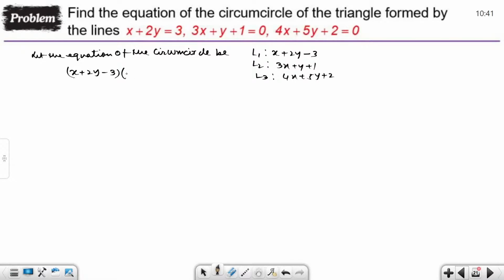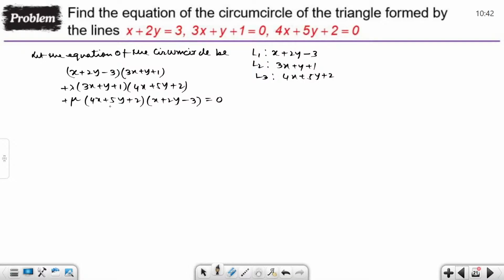So this will be the equation of the circumcircle circumscribing the triangle formed by these three given lines.